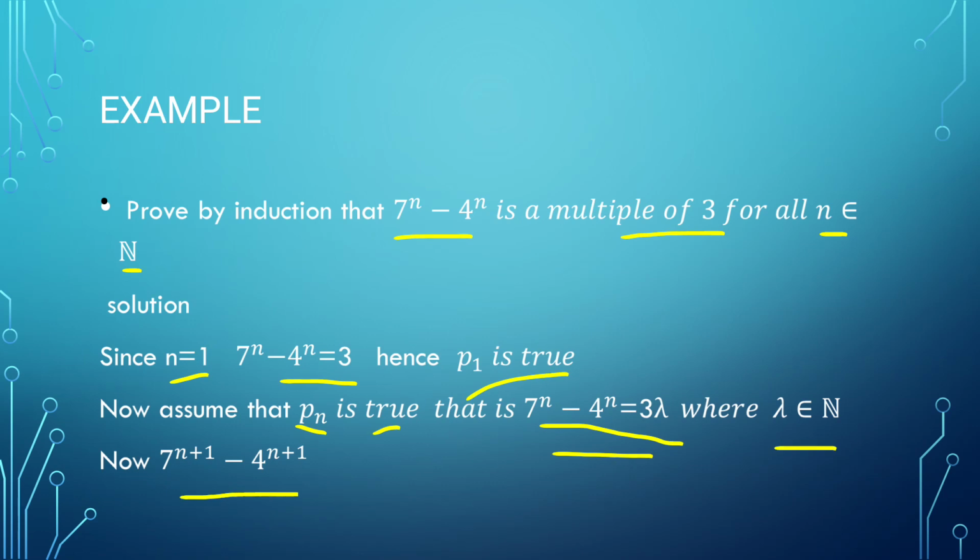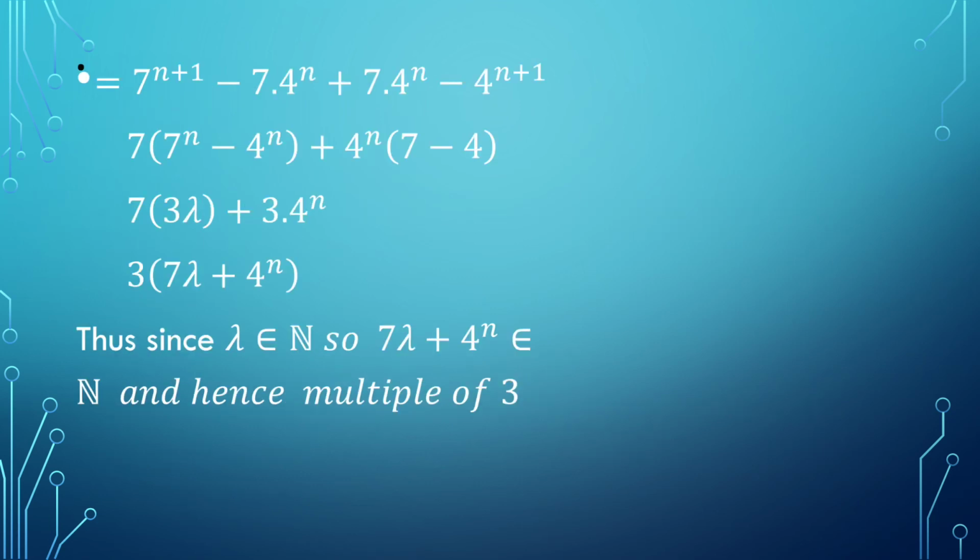So n plus 1, that one. What you need to do is to expand that so that it befits our interest. So you see, if you break it in that way, it reduces to a 7 here and a 4 to the n here.